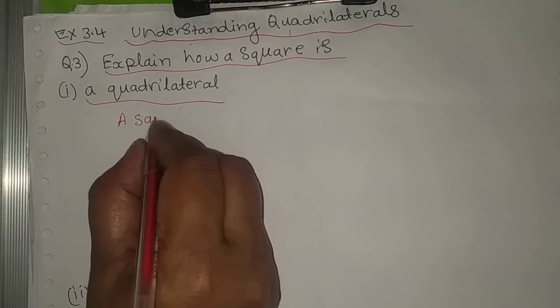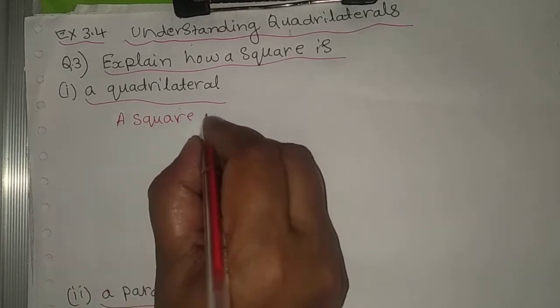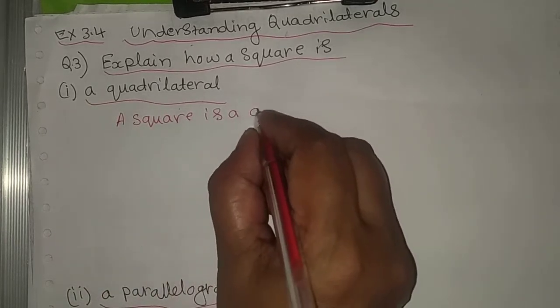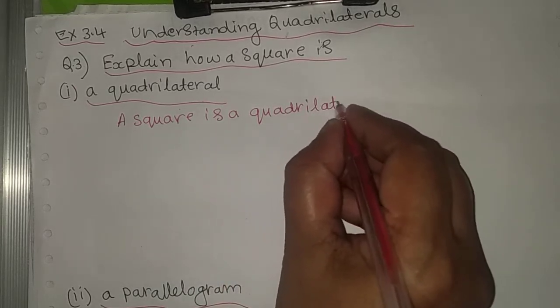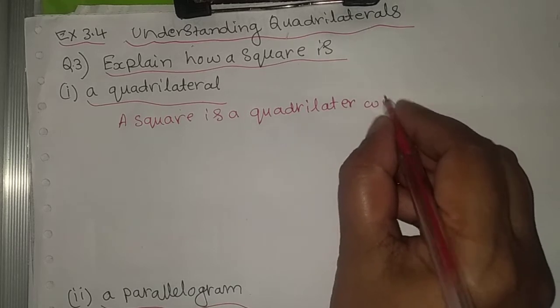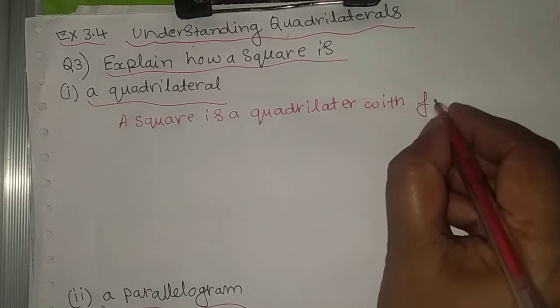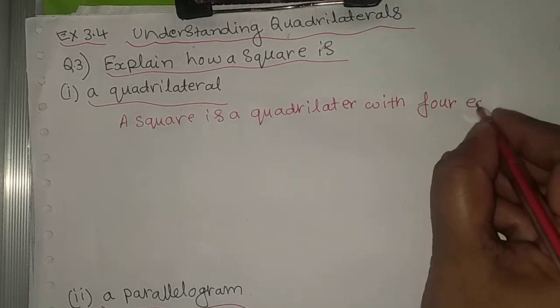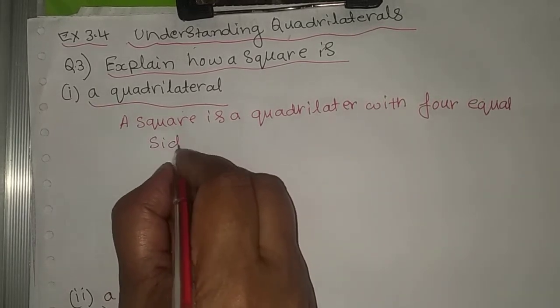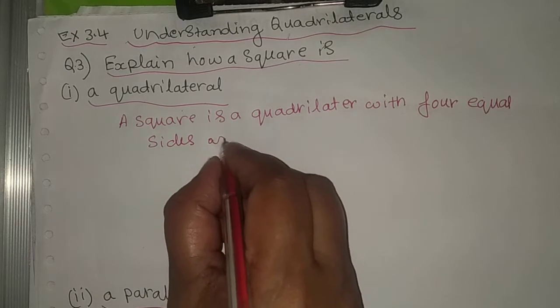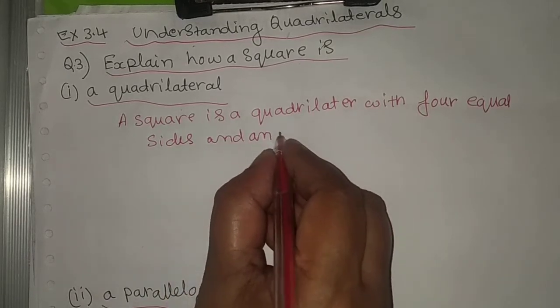A square is a quadrilateral. A square is a quadrilateral with 4 equal sides and equal angles.